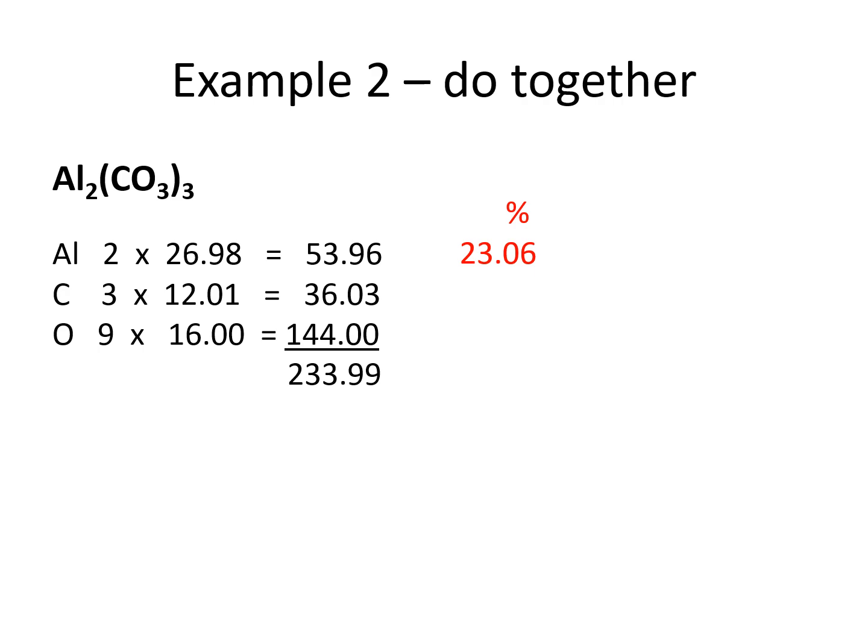Then take 36.03 divided by 233.99 times 100, I got 15.40. Then take 144.00 divided by 233.99 times 100, and I got 61.54.